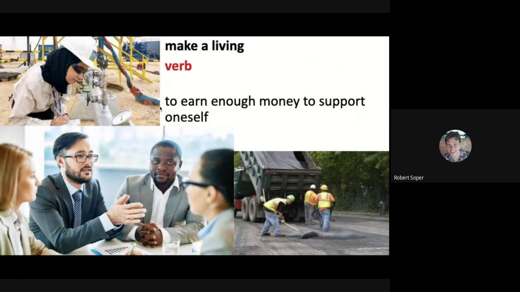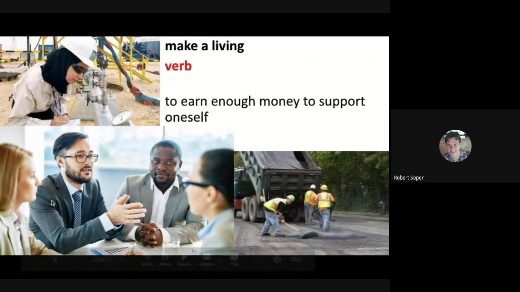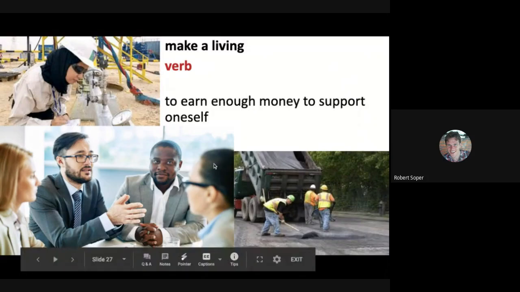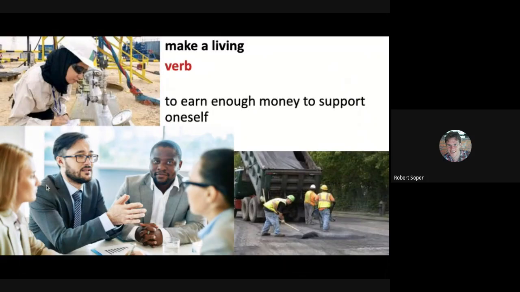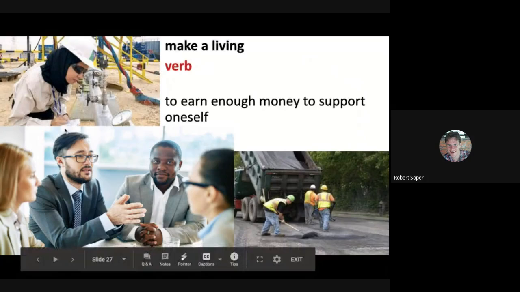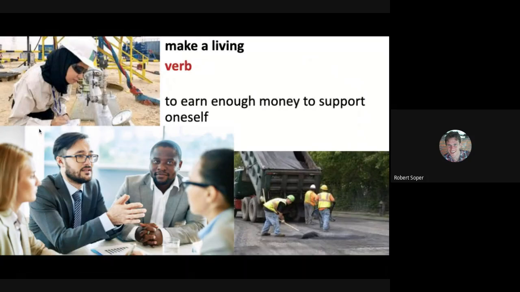So we look at this picture down here and we might say, how are these people making a living? Or how do they make a living? Well, your answer might be they are managers. So that's how they make a living. How does this woman make a living?